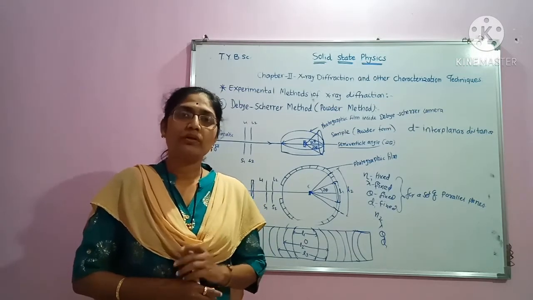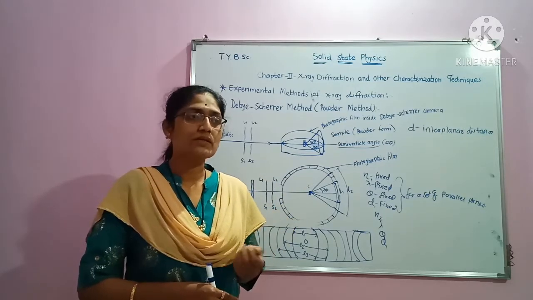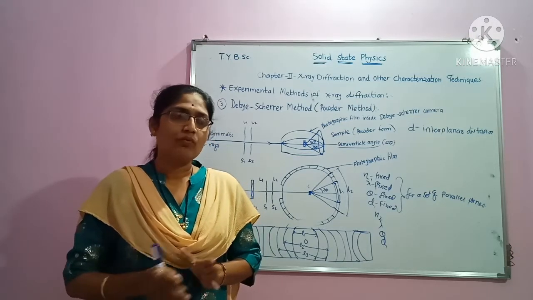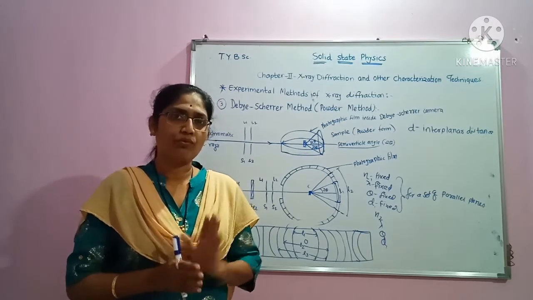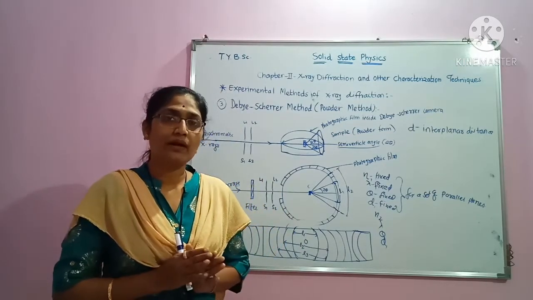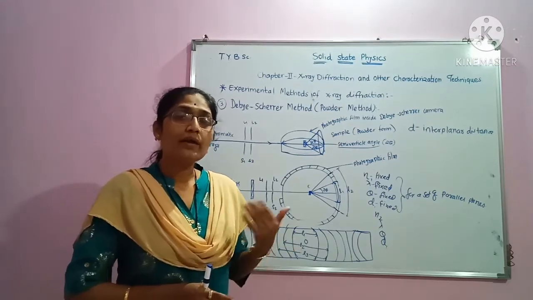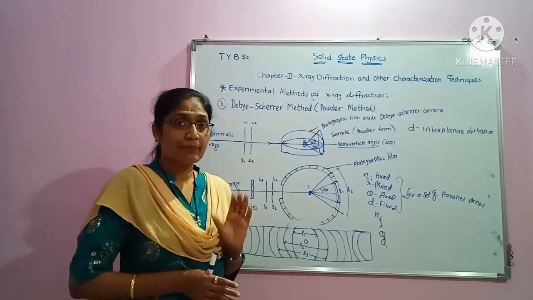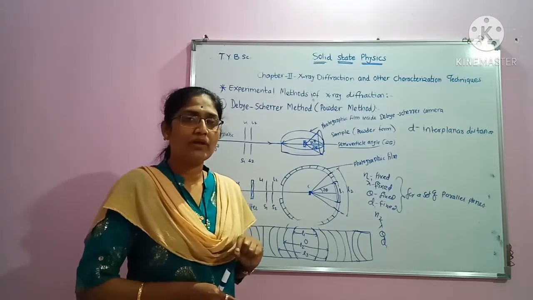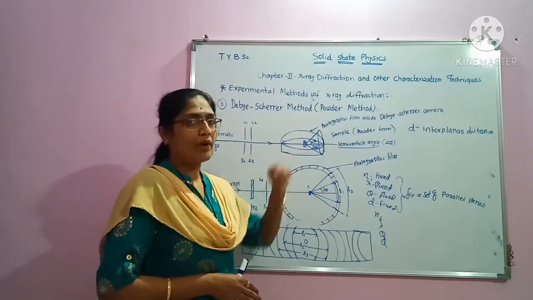If we observe the various planes, as in Miller planes, there is a definite orientation of such planes for a given angle of incidence theta. There are n number of parallel planes present in the powder material, and hence the probability of Bragg's condition being fulfilled is greater in the powder method.